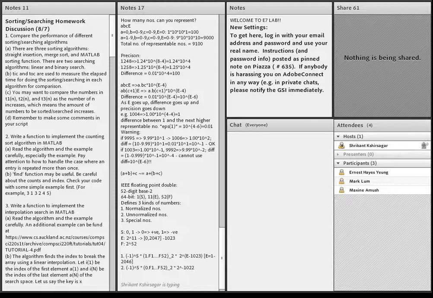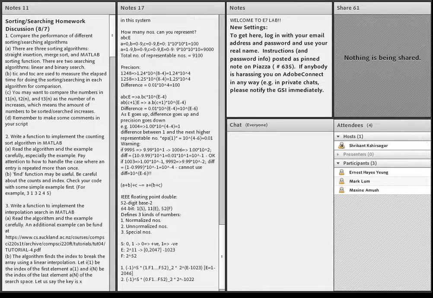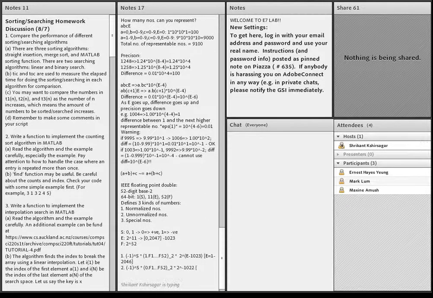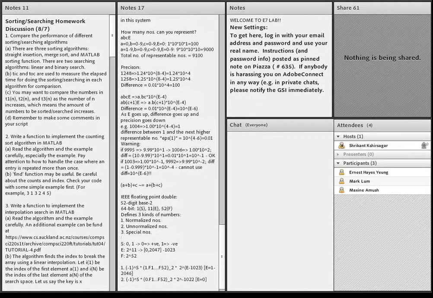These are the allowed values of e for normalized numbers. For unnormalized numbers, e is equal to 0. So here you can see that we can represent 0, by just making all of these 52 digits of f 0. These correspond to unnormalized numbers, which are numbers in the range 0 to 1. The maximum value is just less than 1. It can never take the value 1 because of this exponent over here.